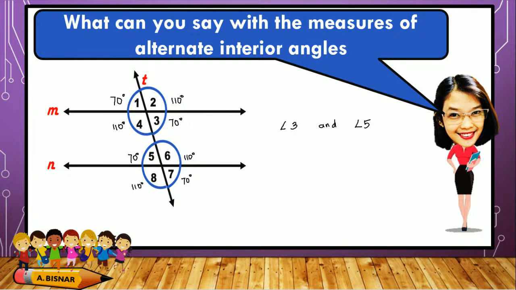Because these are interior angles, they are what? Okay, they have the same measure, therefore they are congruent. So we can say angle 3 is congruent to angle 5.